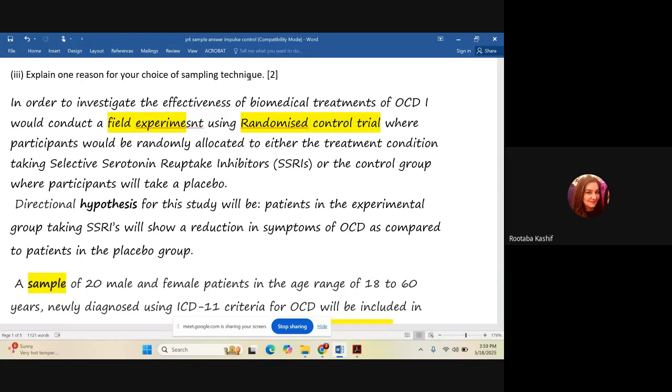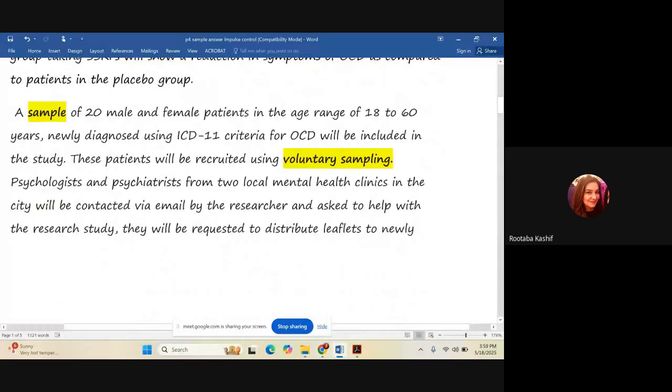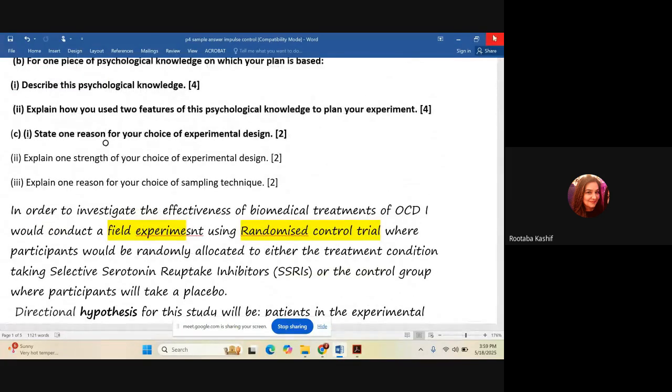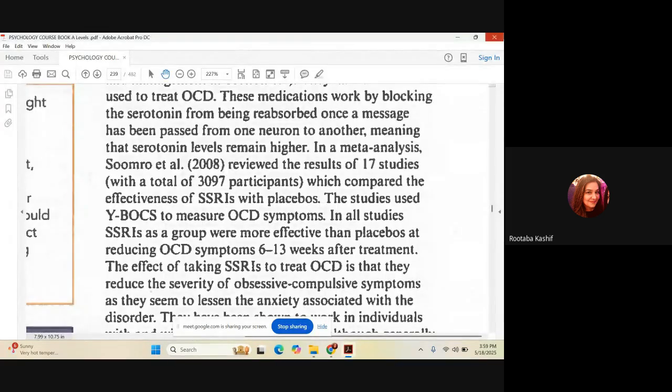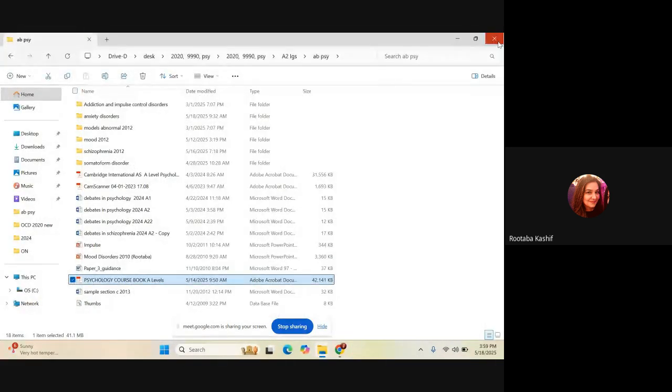Maybe they'll say no, right? So that would be opportunity sampling technique. So why is volunteer sampling technique better than opportunity sampling technique? You give a reason for that, right? So this is how you need to answer the questions.